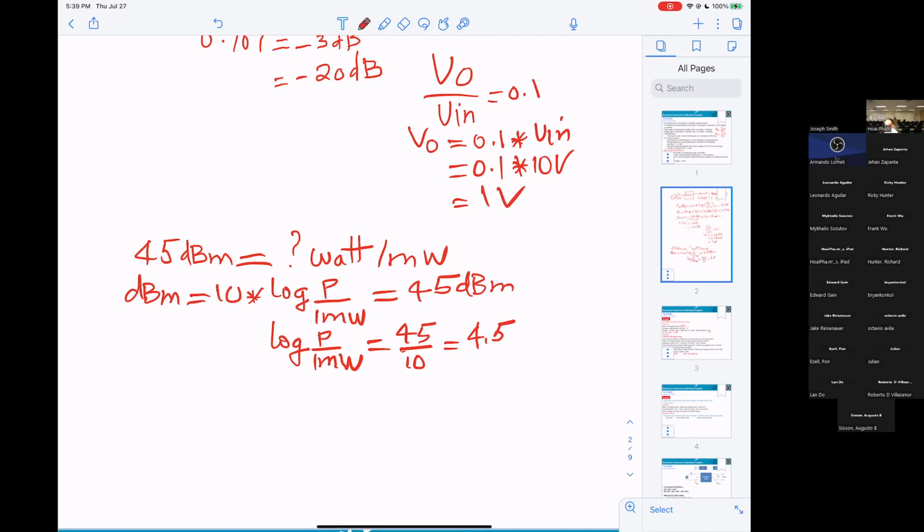Now you remove the log: P over 1 milliwatt equals 10 to the power of 4.5.